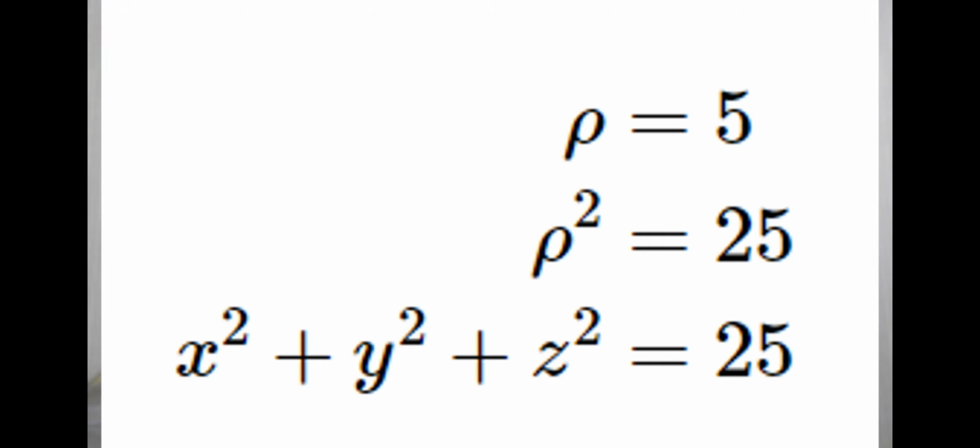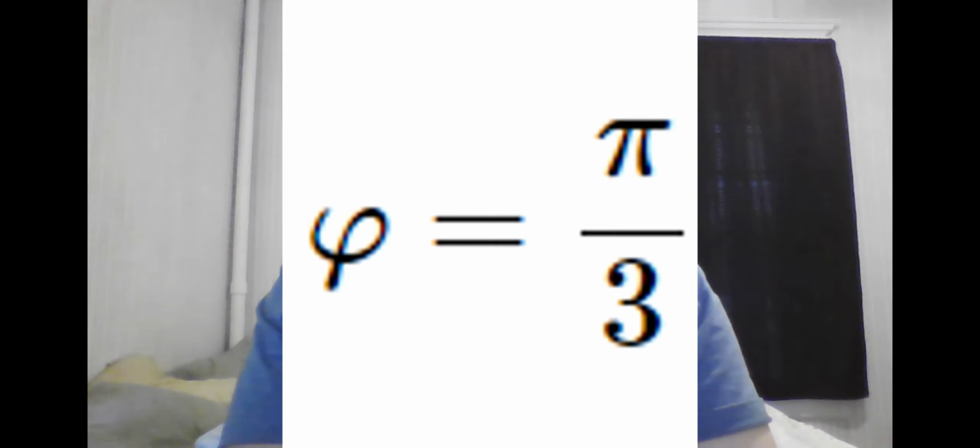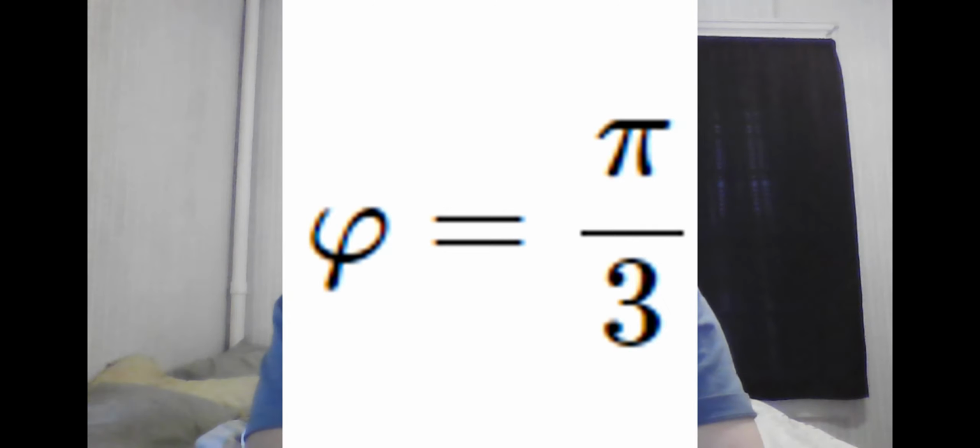If we are given something like this, the angle measured relative to the xy plane is pi thirds. We see that unfortunately there is not a simple way to convert it into rectangular coordinates, so we will have to think cautiously about this.